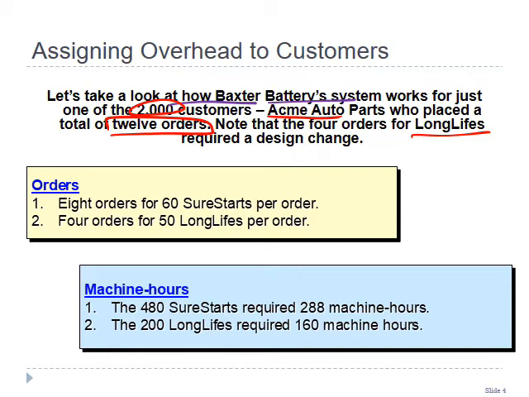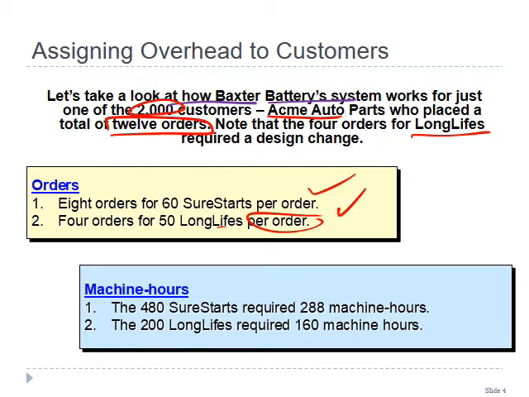Each order requires 60 short start per order, and the 4 orders of long life have 50 each as well. What does it mean?